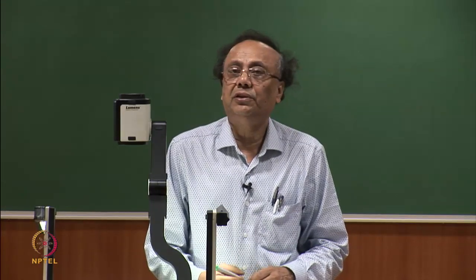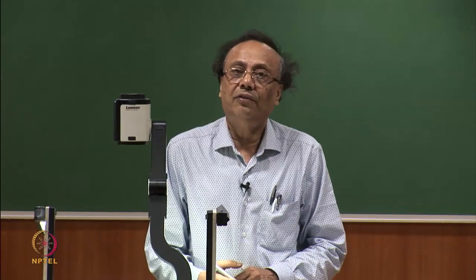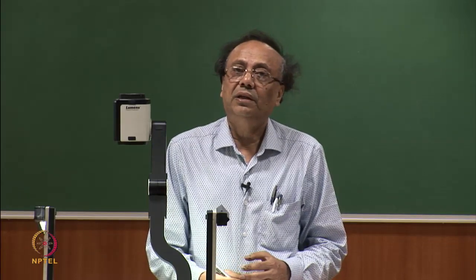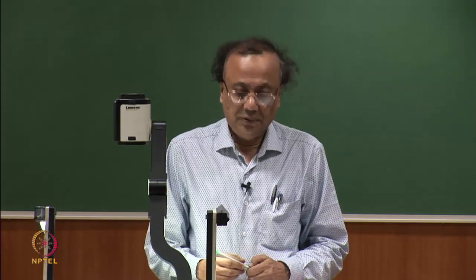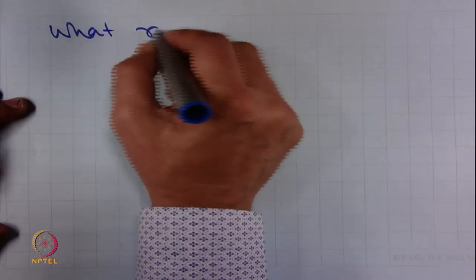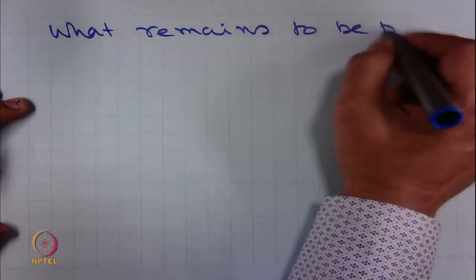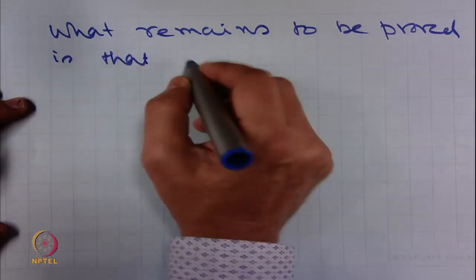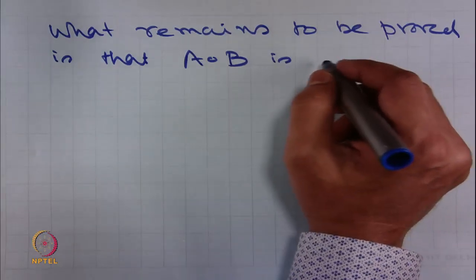In our proof, we did not choose any particular alpha, and therefore, since it is true for all alpha, alpha cut of A of B is a closed interval for all alpha. Now, what remains to be proved is that A of B is continuous.